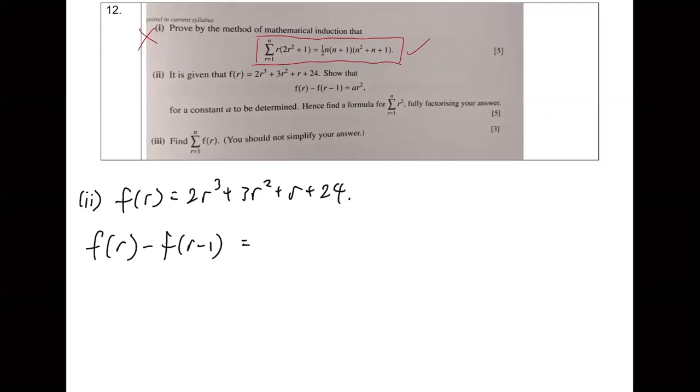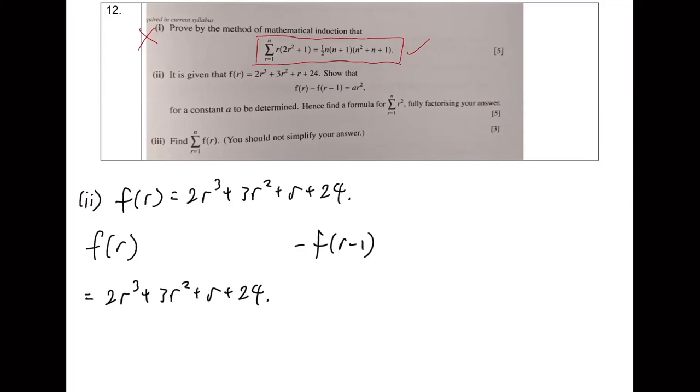f(r) is nothing but the same expression, but f(r minus 1) means you replace everywhere you see r with r minus 1. So bracket 2 times (r minus 1) to the power 3, plus 3 times (r minus 1) to the power 2, plus (r minus 1), plus 24. Okay, good. Simplify.